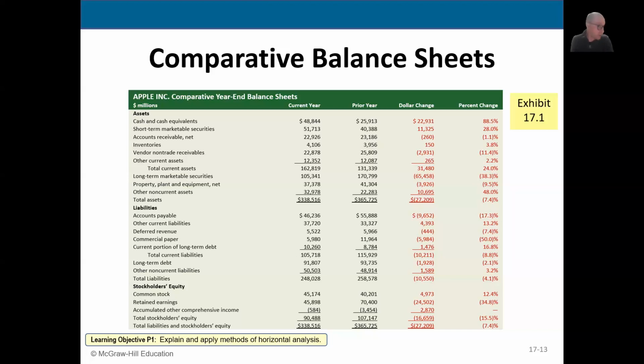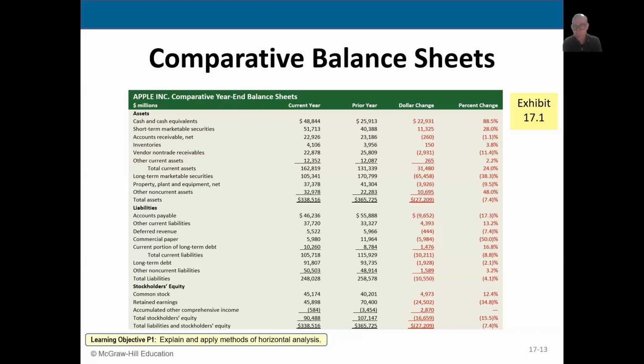Now, as a manager, I might be a little concerned by that. It's like, oh, our total assets went down. That's not very good. You might think that's not very good. But why would you think that? If you look further down, we see total liabilities also minus 4.1%. So you might say, okay, that kind of makes sense.